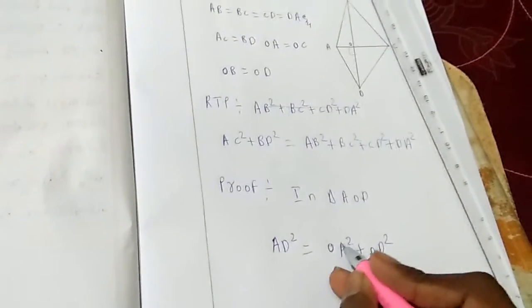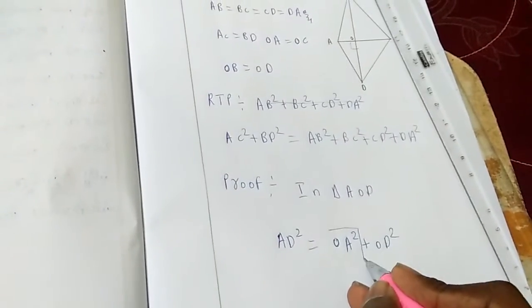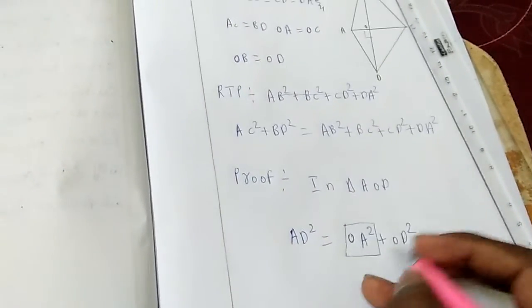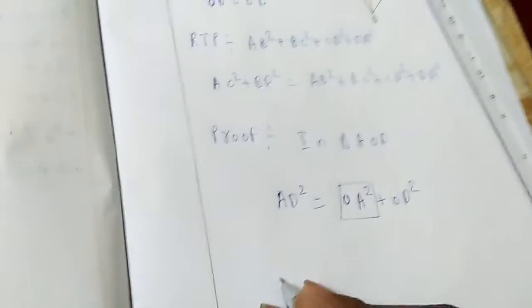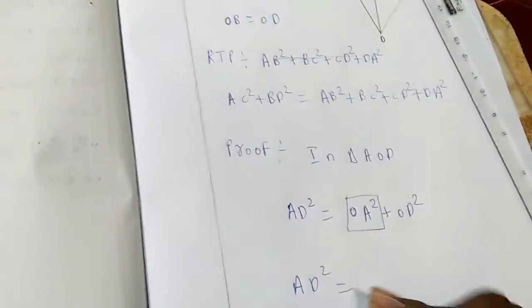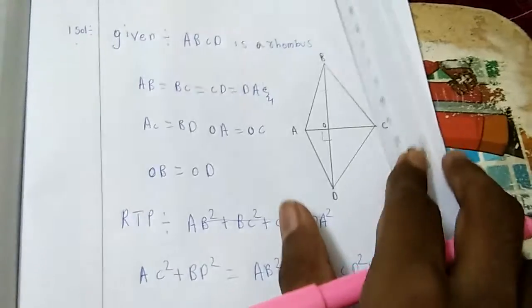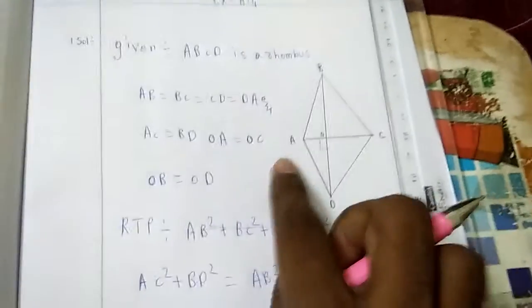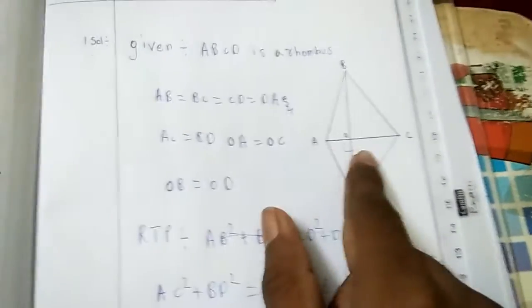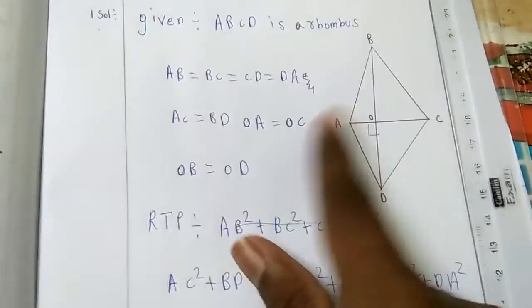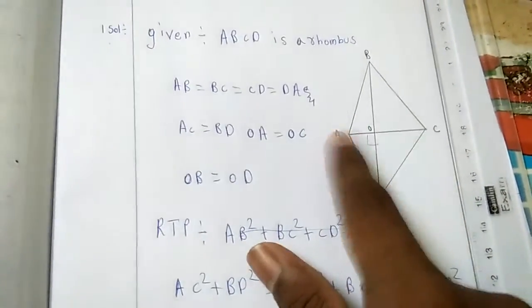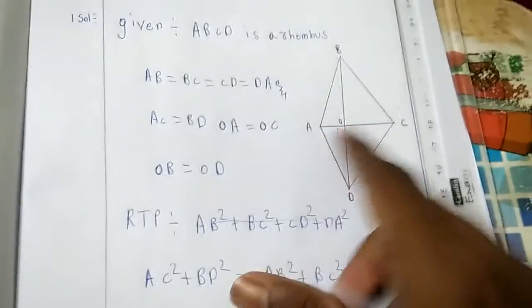So in the place of OA, can we write AC? Yeah. OA is half of AC. According to the given figure, OA is half of AC. Or for simple understanding, for slow learners, I am telling: OA lies on the AC line, so you think in that way.